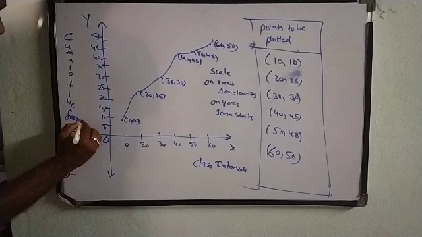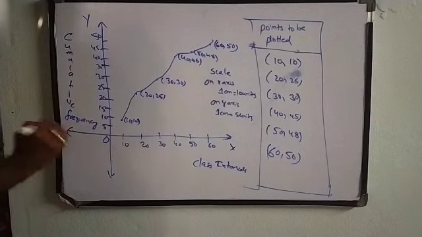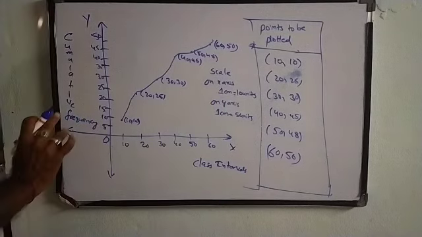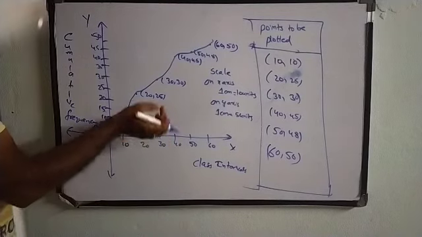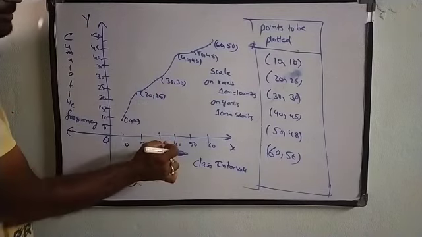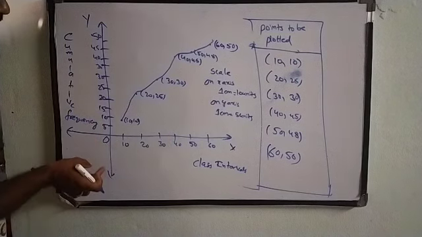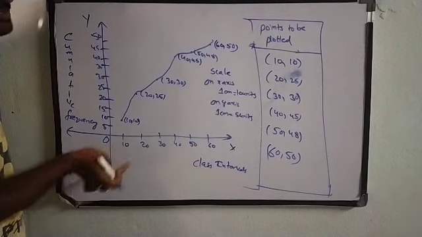Now, to obtain the median, first we find the median and thereafter we can directly mark it on the x-axis. Make sure that the median will be there only on the x-axis.